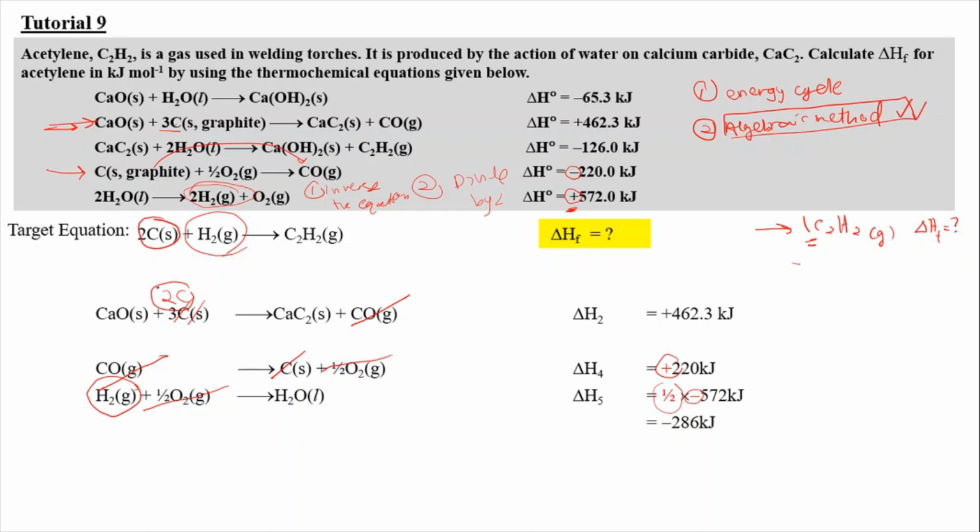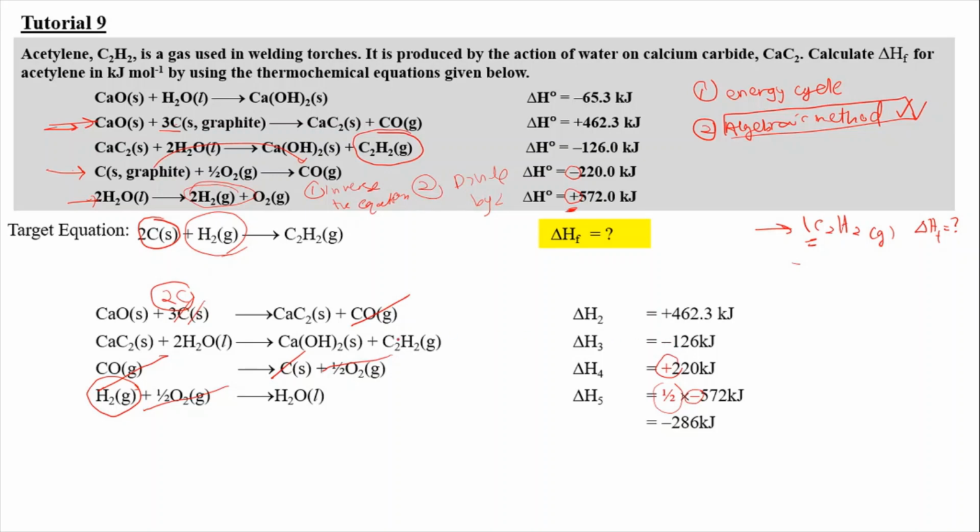Now I've used up 1, 2, 3 equations here. So now I need to find C2H2 on the product side. I'll be looking at this equation here. This equation can be maintained because the C2H2 is on the product side, the same as in the target equation. So there are no changes in sign.